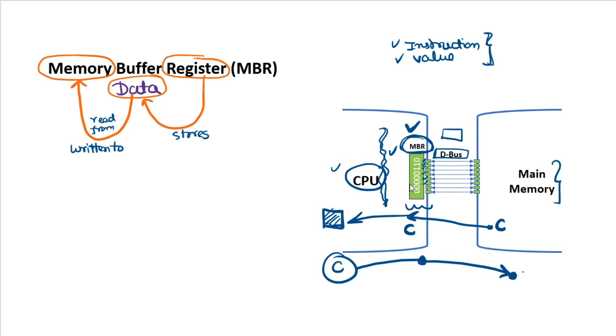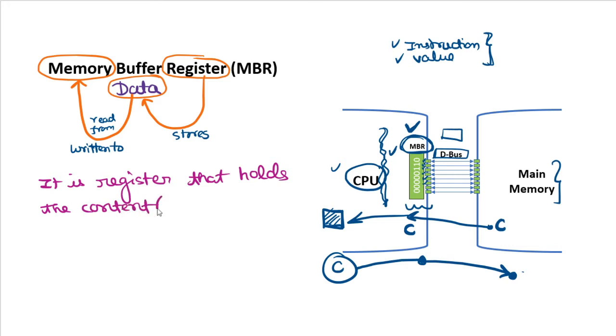So I think everything is clear here. Let me write the definition here as well. What is the memory buffer register? It is a register that holds the content. Now this content can be two things: instruction and value.